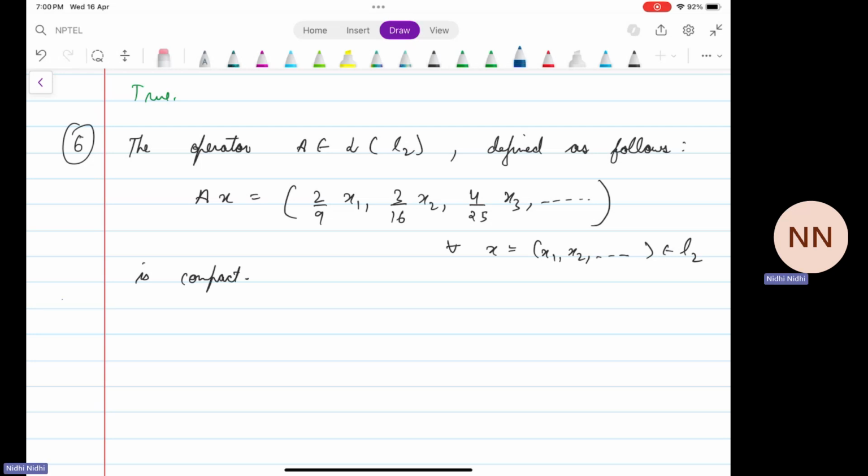So let's see whether this operator is compact or not. We will show that this operator is indeed compact using the fact that it can be made as a limit of a sequence of compact operators.